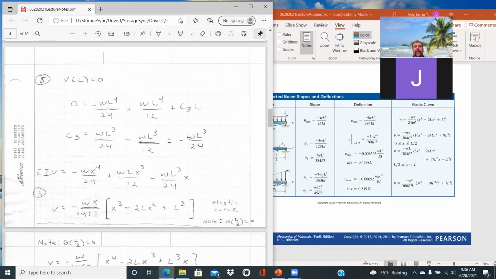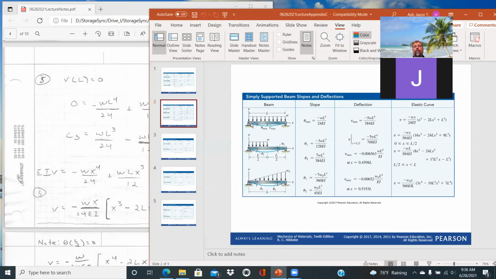V is equal to minus WX over 24 EI, times X cubed minus 2LX squared plus L cubed. And for that, we know Vmax is equal to minus 5 WL to the fourth over 384 EI. That could be solved by placing X equal to L over 2 into this expression and simplifying.